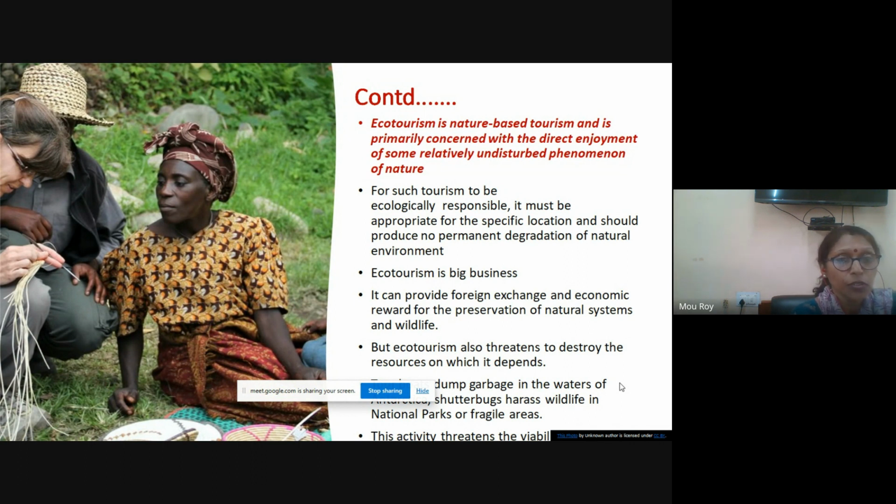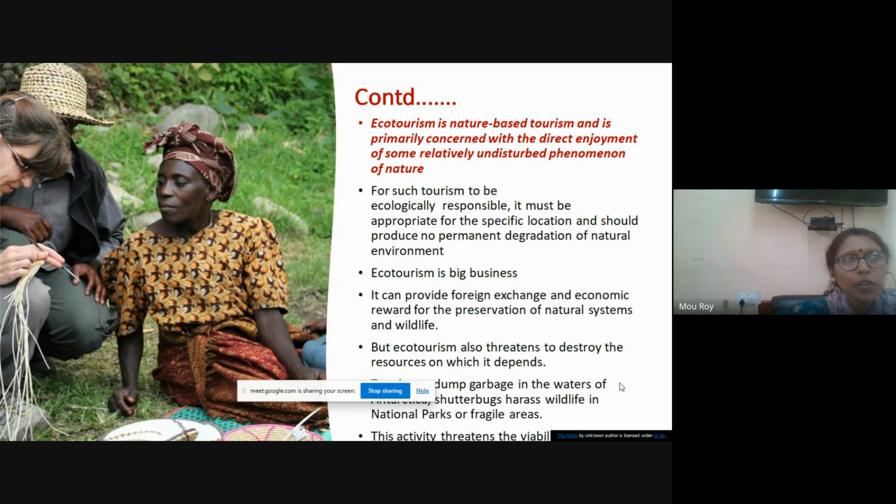You need to uplift the social and economic status of that particular place. At the same time, ecotourism also provides recreational and educational travel without disturbing the harmony of the natural environment. And it helps in reaping the benefits through the participation of people in the conservation of the flora and fauna, because the flora and fauna of that particular area has to be conserved.